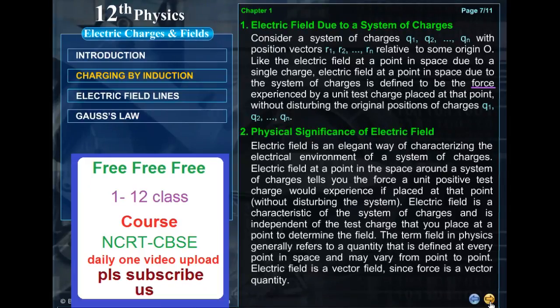Physical significance of electric field. Electric field is an elegant way of characterizing the electrical environment of a system of charges.